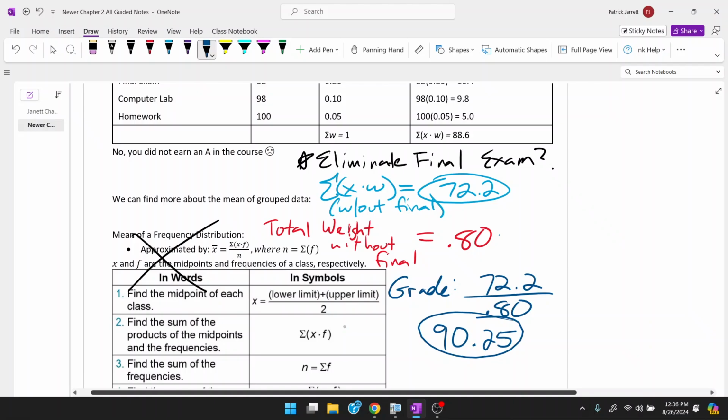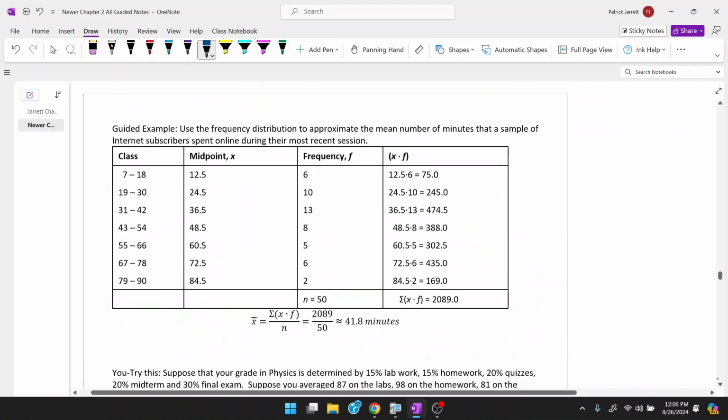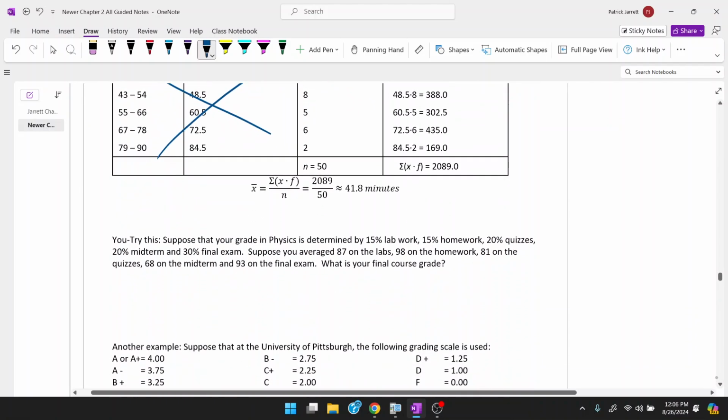Now, mean of weighted or group data, I don't know why I keep forgetting to remove that, but forget it. So I want you to do this. I want you to figure out, and I know it's not a whole lot of room here, lab, homework, quizzes, midterm, and final.